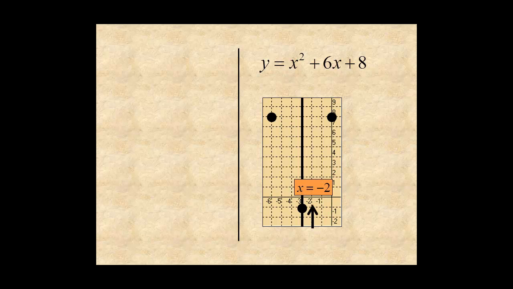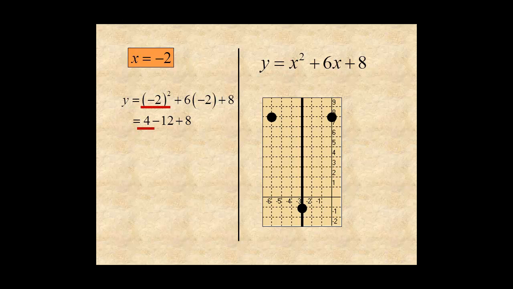Then evaluate the function for x equal negative 2. Negative 2 squared equals 4, and 6 times negative 2 equals negative 12. Then 4 plus 8 equals 12, and 12 minus 12 equals 0.